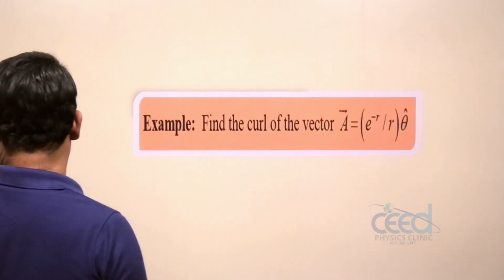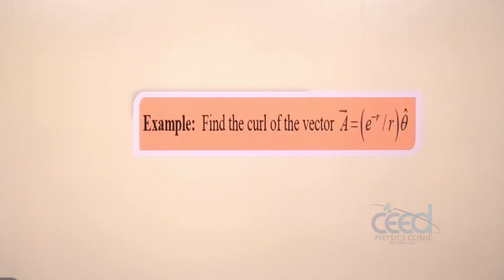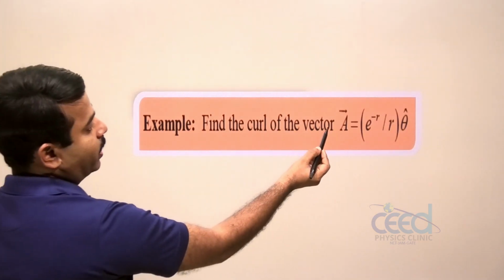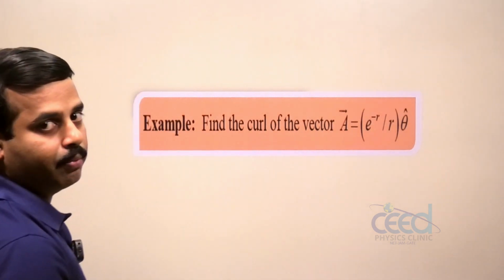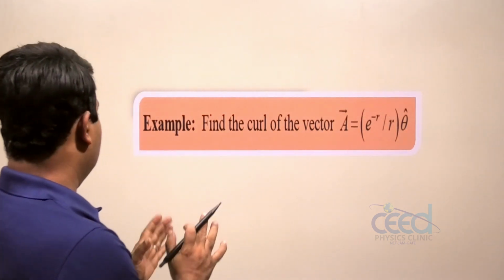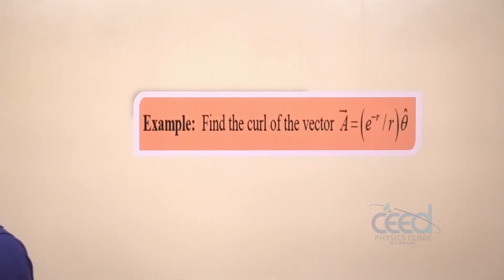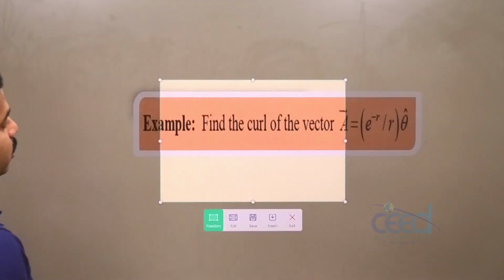Find the curl of the vector A equal to e raised to minus r by r theta cap. So let us go to a plain board.